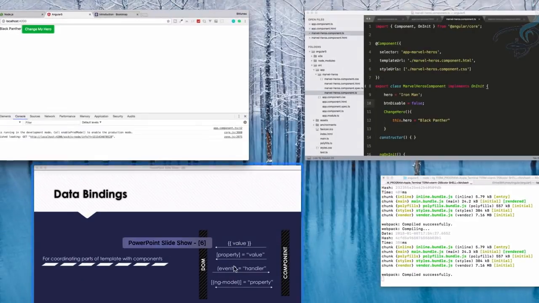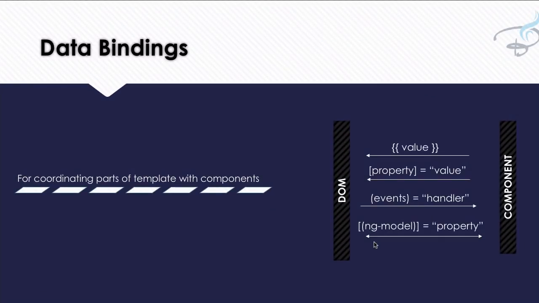So our next binding is ngModel property. And what is that? It's like two-way binding. So you can see these arrows. First arrow represents it's only going from component to DOM, the value, the interpolation part. Again, the property is also going from component to DOM, but the third one will interact from template to component.